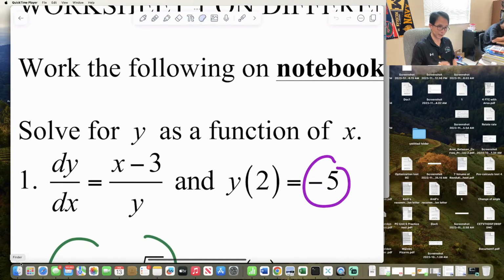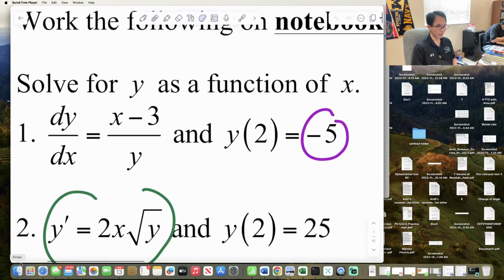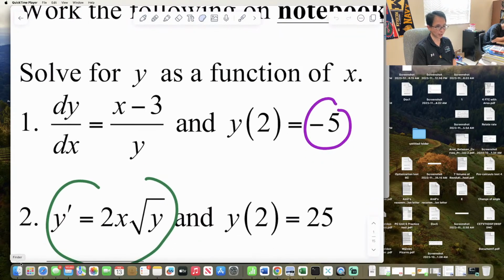Okay, dy dx. Now, also pay attention to the second question. The second question says y prime is equal to 2x squared y. Can I replace that y prime with what? dy dx. Yep, same thing. So the first question is kind of tricky. I want you to start it, see the first few steps, see how you're doing. But later I'm going to show you the right answer. The right answer is going to be kind of surprising because there were some algebra things that people tended not to do. And that's where it's bad.